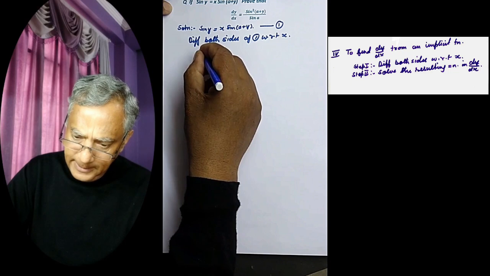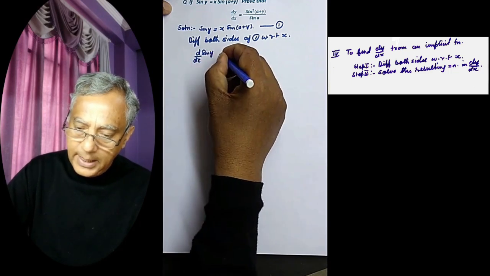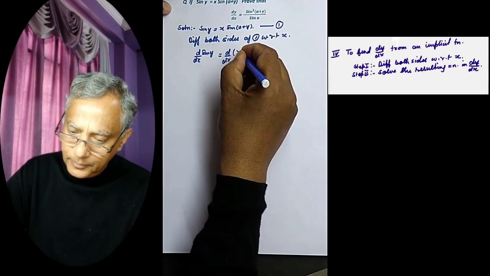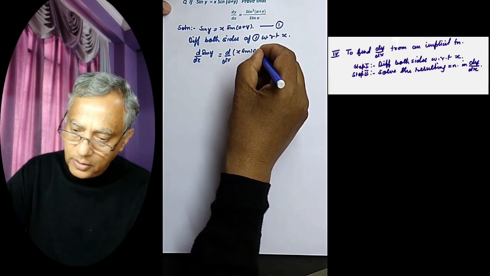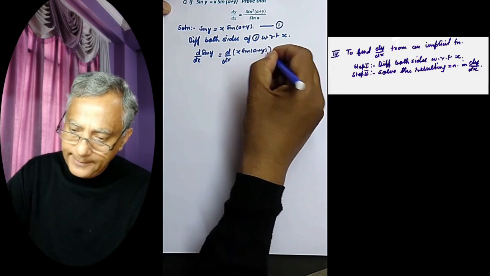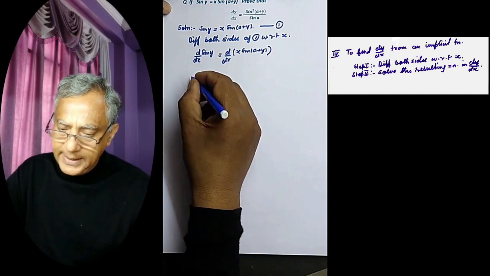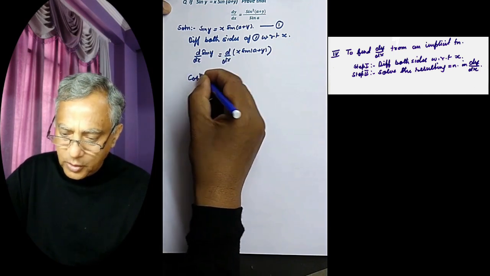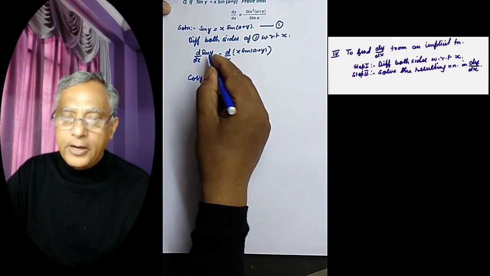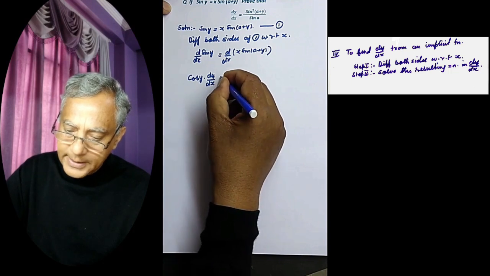What we get is d by dx of sin y is equal to d by dx of x into sin(a plus y). Differentiation of sin x is cos x. So differentiation of sin y will be cos y into differentiation of the inner function, that is y, dy by dx.